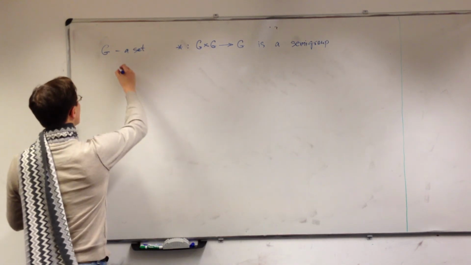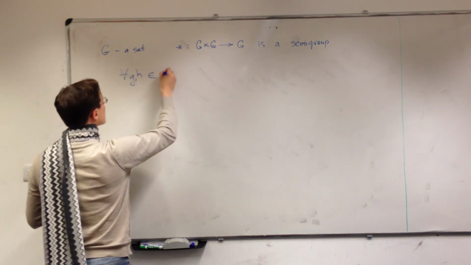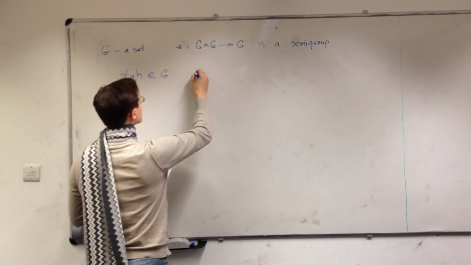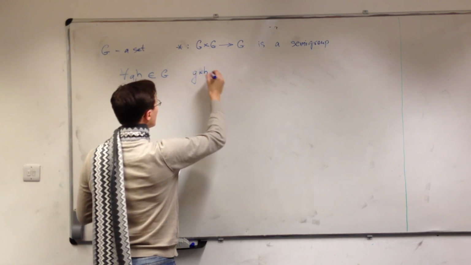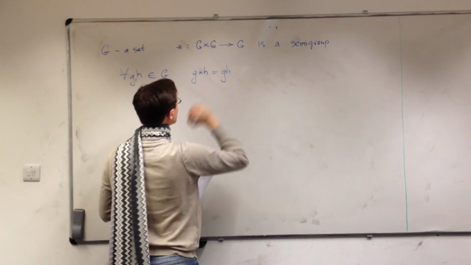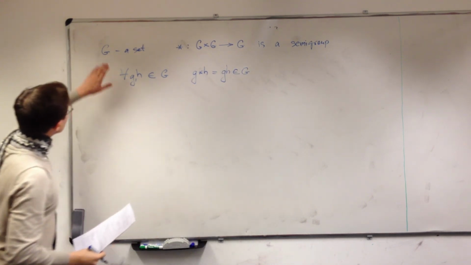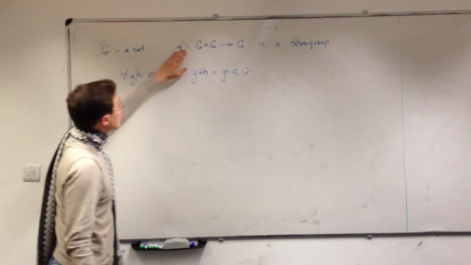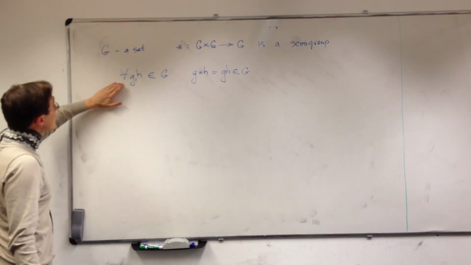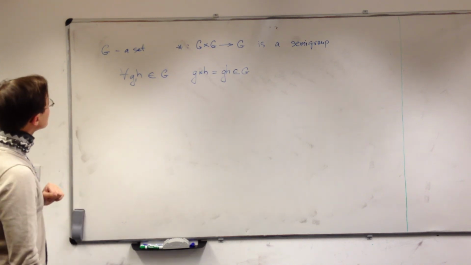That is, for any elements g and h belonging to G, the product g star h, or I will just briefly denote it gh, should belong to G. So if we have a set and a product on that set, and the set is closed under that product, then this is a semigroup.